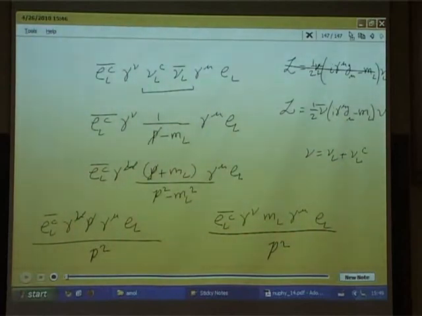Now look at this term. EL is left-handed. Okay. When you cross gamma mu, it becomes right-handed. When you cross P slash, it becomes left-handed. When you cross gamma mu, it becomes right-handed. But what is ELC bar? It's left-handed.